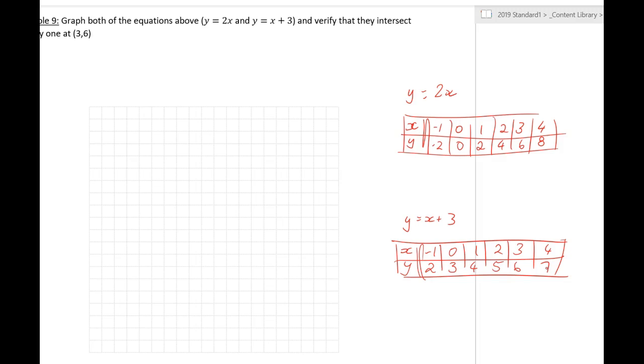Now, having a look at this, I want my axes to go sideways from negative 1 to 4 at the very minimum, and from negative 2 up to 8. So let's draw this here.